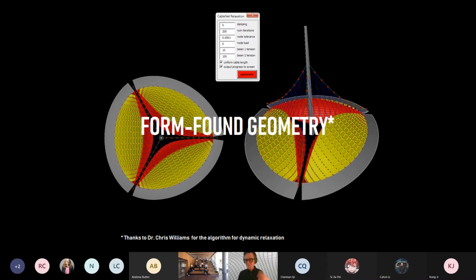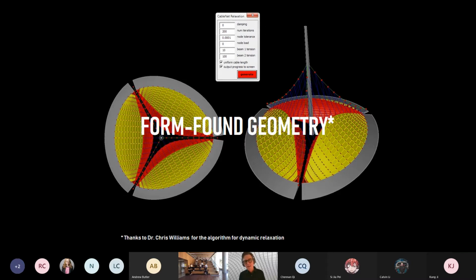And so the next project that I worked on, which was this large form-found tent, I was able to use 3D printing actually within the design process. So this project here, again, I was using the computational tools, developing computer scripts.